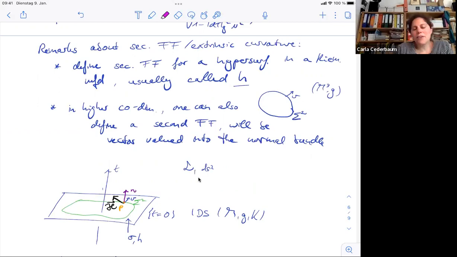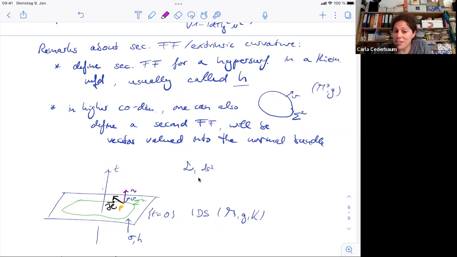So the take-home message I want you to carry on for tomorrow and maybe to digest is that initial data sets are the central object when you study the Einstein equations as an evolution problem, even if you're not so much interested in the evolution.